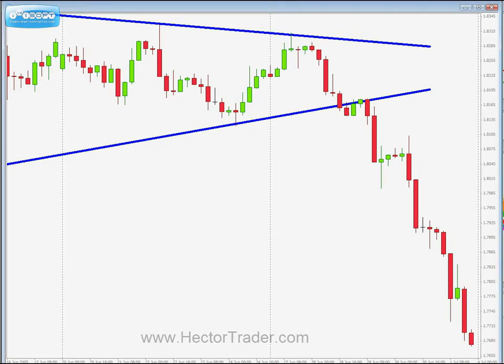In this case, the short entry would have been triggered just as we pipped a couple of pips below the breakout thrust.